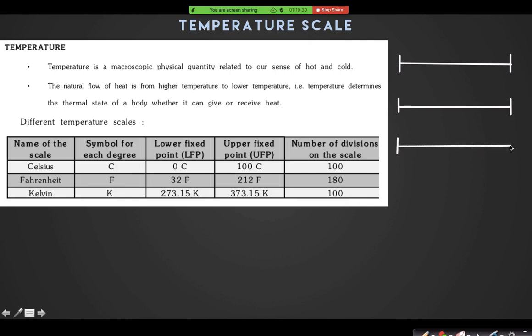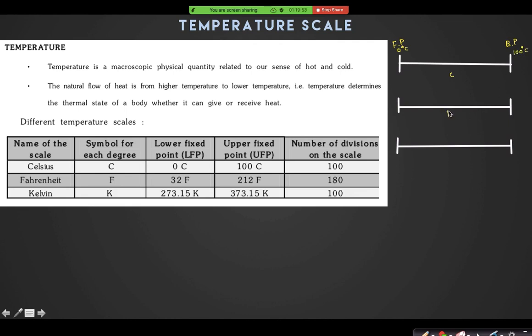So for example, if I talk about the Celsius scale, this is the freezing point of water, this is the boiling point of water, and these points are fixed, they do not depend on the scale. Definitely the freezing point of water in Celsius scale is 0 degrees Celsius, and the boiling point of water in Celsius scale is 100 degrees Celsius.